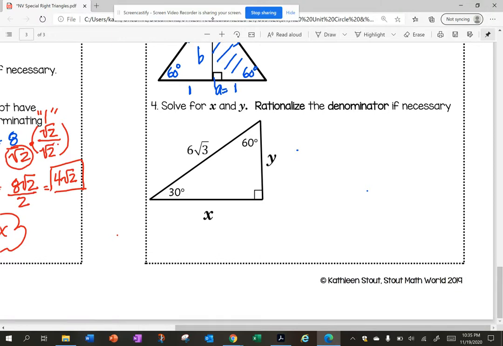All right, so let's do an example here. Solve for x and y and rationalize the denominator if necessary. So again, I'm going to set up a table. I'm setting up 30, 60, 90, and I know the ratio is 1, square root of 3, and 2.